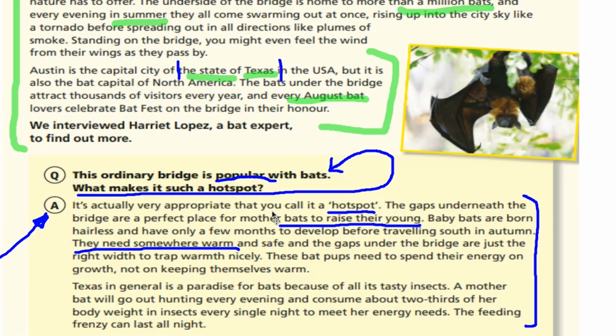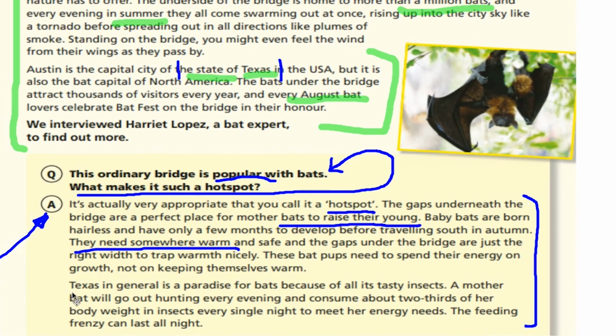Looking at this paragraph here, okay? So first of all, "they need somewhere warm and safe, and the gaps on the bridge are just right. These bat pups need to spend their energy on growth and not on keeping themselves warm. Texas, here we go, is a general paradise for bats because of all its tasty insects." So obviously the bats are trying to raise their young.